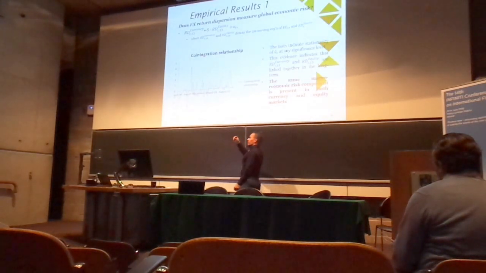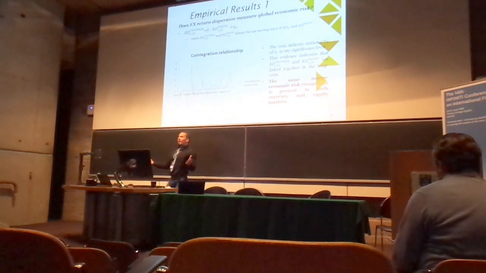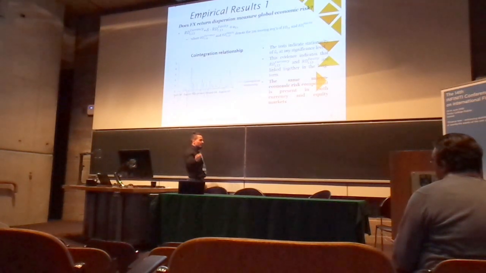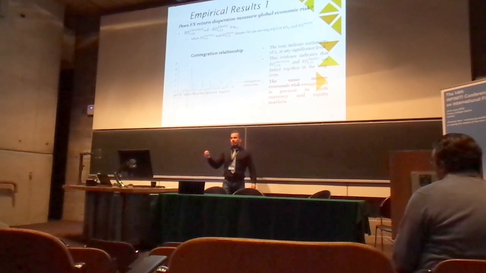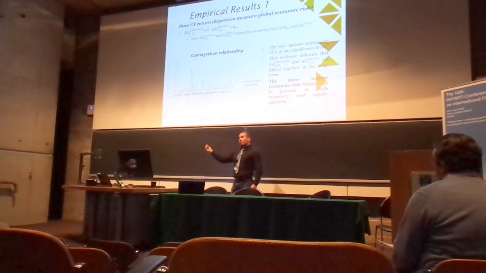If we can show that the residual process is stationary, this implies that these 2 processes are co-integrated. And surprise, surprise, what comes out is that on a 5% level, the residual process appears to be stationary, implying that the same risk component drives both processes, the equity cross-sectional return dispersion, and the same for the currency market.